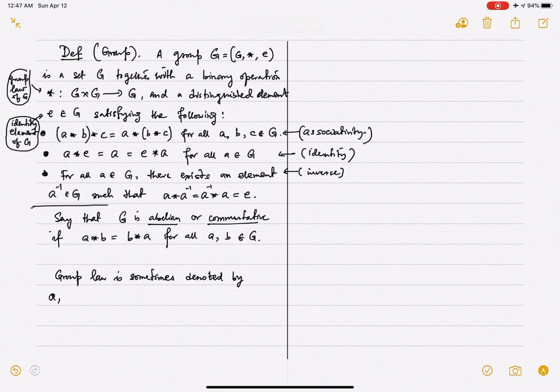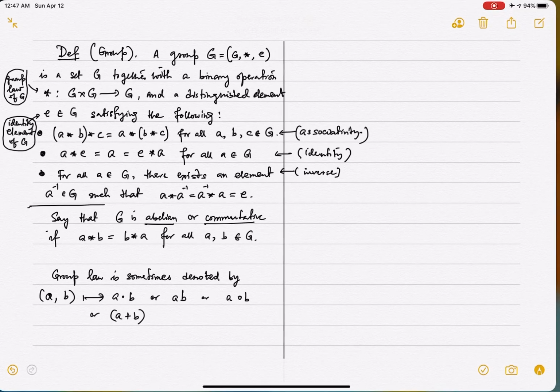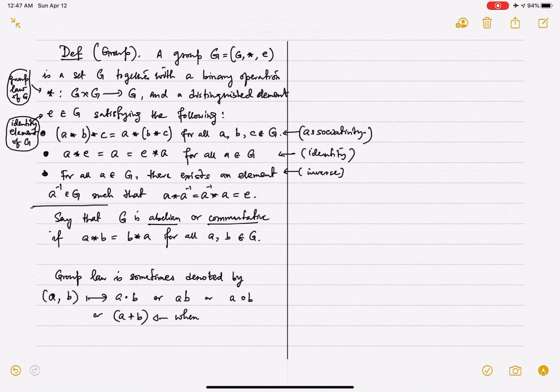So instead of writing A star B, you write A times B, or just AB, or sometimes A circle B, or sometimes even A plus B, but this we will reserve only for when G is abelian.